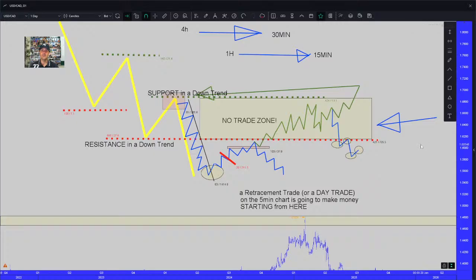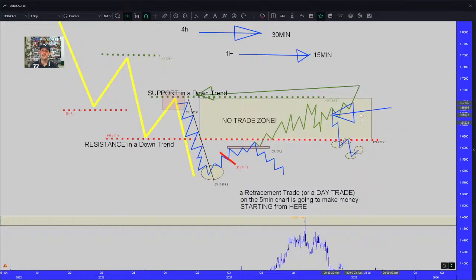Okay, everybody, so now we are here, and variable number 1: the market is going to hit past resistance, reverse, and continue its extension to the next extension leg on the market wave. Variable number 2 on the price action: the market is going to break inside the no trade zone, break the resistance, and then get out of the no trade zone.